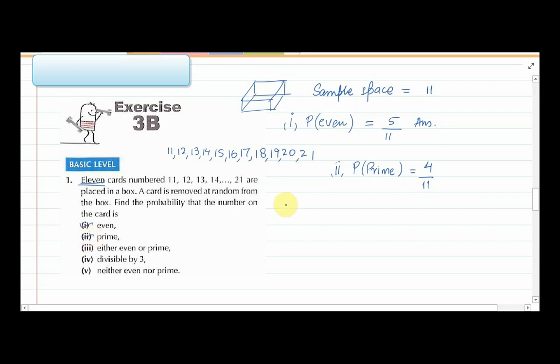For the third part, it says either even or prime. So you need to find the possibility of even or possibility of prime. So in probability, the word or indicates that you need to add them together.